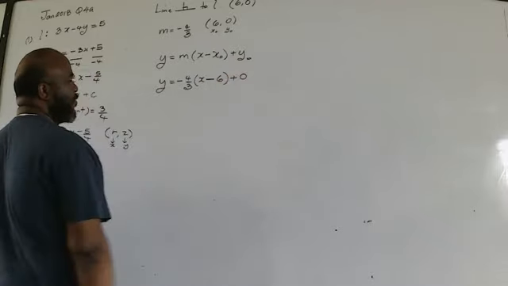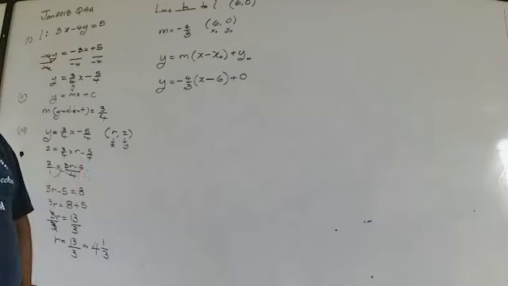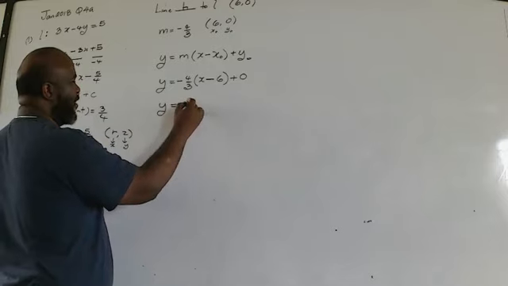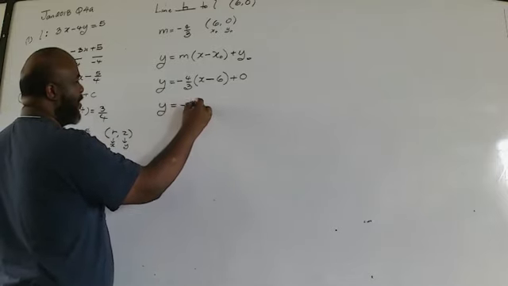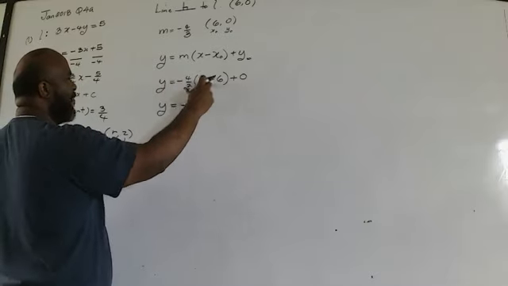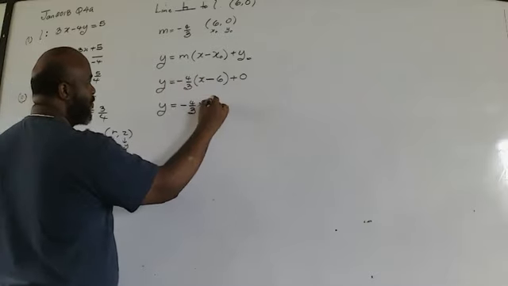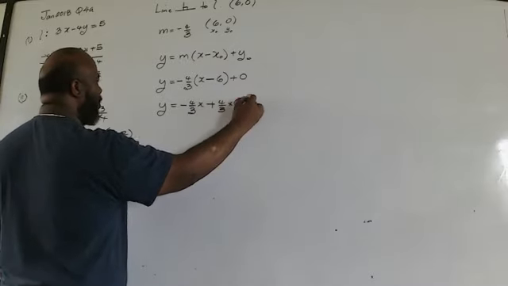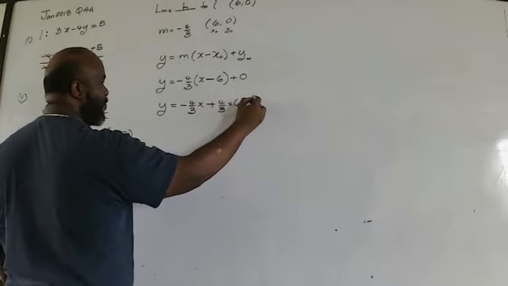0. Next I'm going to remove the brackets by applying multiplication. So y is equal to -4/3x. A negative times a negative is a positive. 4/3 times 6, plus 0.